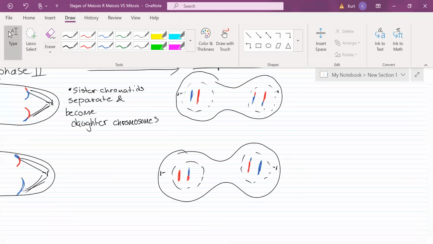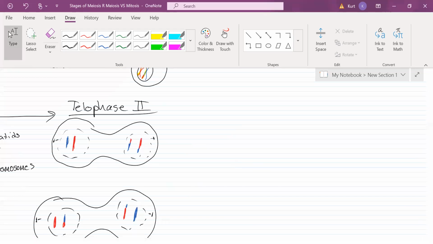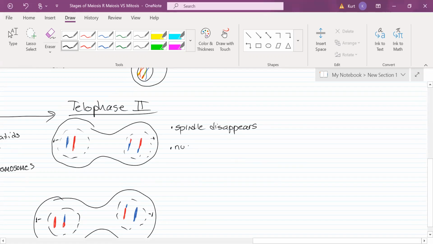All right. In telophase 2, the spindle disappears. Nuclei form.